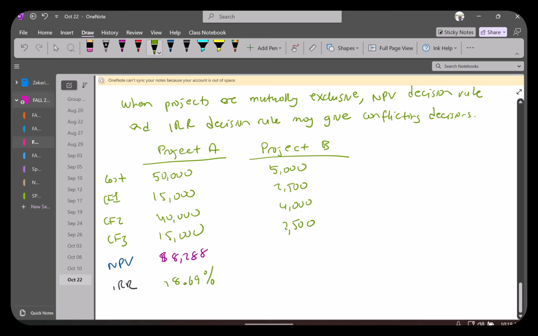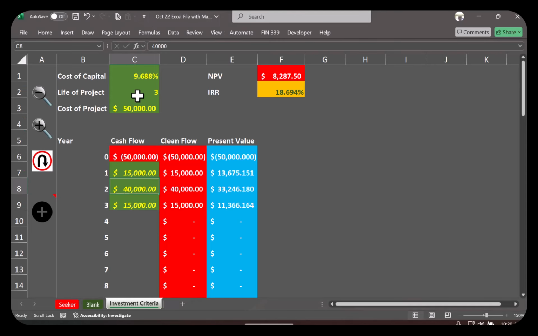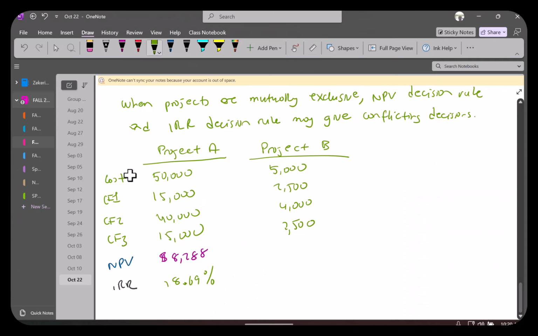Now let's do the same thing for project B. It costs me 5,000, 2,500, 2498, and 3592.